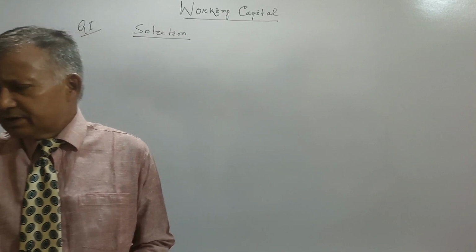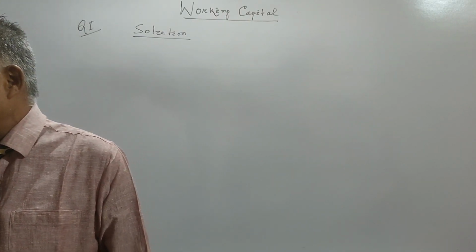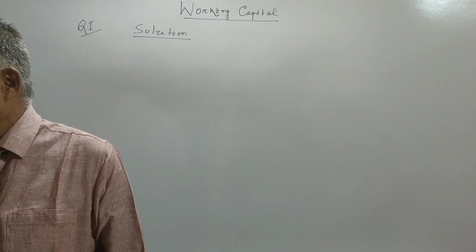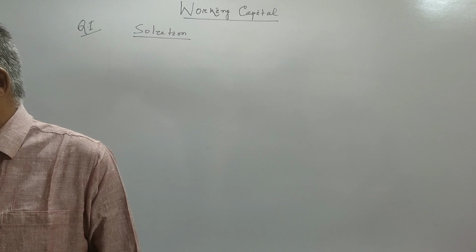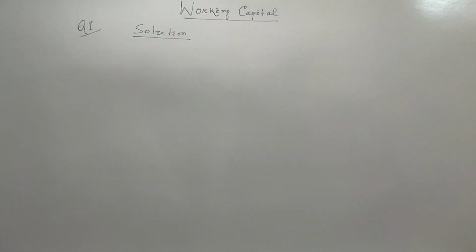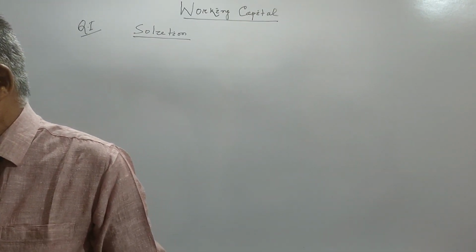The management of Gemini Limited has called for a statement showing the working capital needed to finance a level of activity of 3 lakh units of output for the year. The cost structure of the company's product.